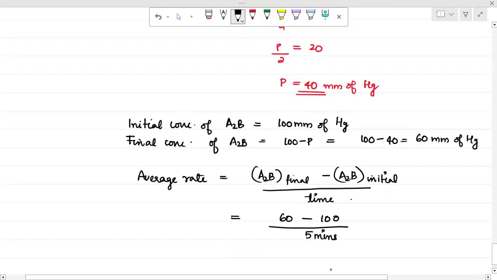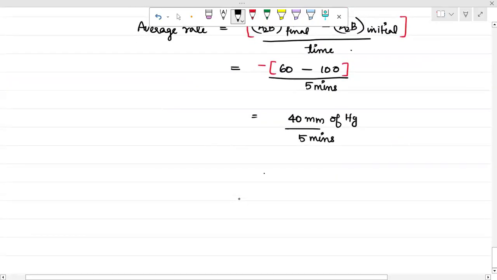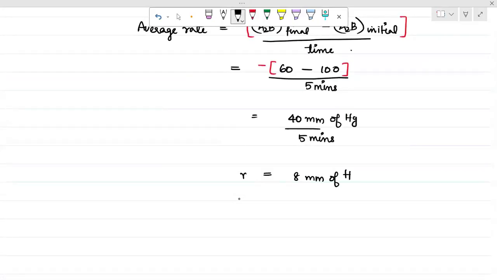And since it is a reactant, you have to put a minus ahead so that your rate is positive. 60 minus 100 is minus 40. Minus into minus 40 is 40. So you have 40 mm of Hg divided by 5 minutes. Average rate is equal to 8 mm of Hg per minute. This is the answer.